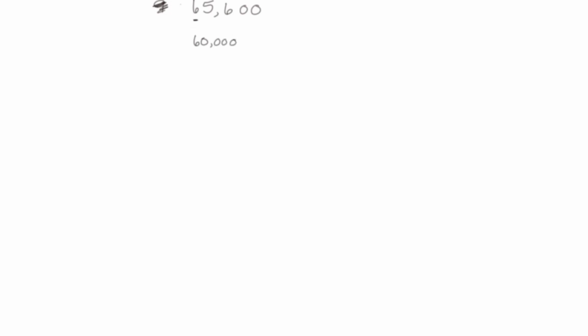The next highest would be 70,000, and we think of our midpoint between 60,000 and 70,000 as being 65,000. 65,600 is a little above that midpoint, so we would round to 70,000, and we would say 65,600 is about 70,000.